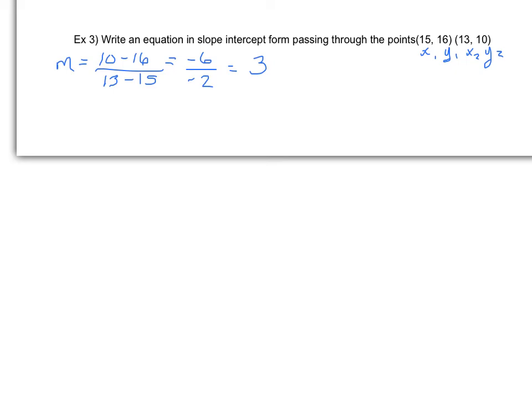Now that I've found my slope, I'm going to plug the slope in for m and my x1 and y1 in for x1 and y1, giving me y minus y1 equals m times x minus x1.